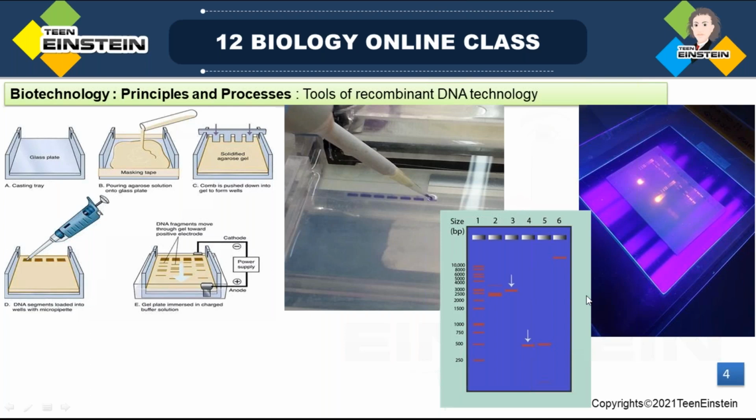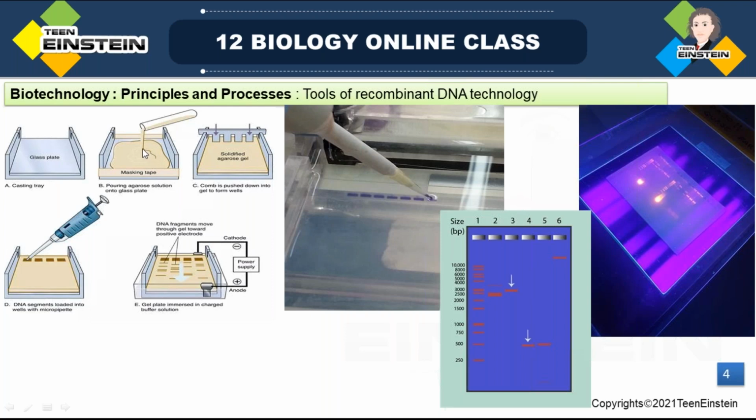Now boiling is over. In the second picture you can see pouring the gel. When the solution is almost cool and has come to normal temperature, then pour that gel into the casting tray. We need to make the casting tray ready and keep it. So we weigh the agarose, mix it with the buffer solution, boil it, and bring it to room temperature.